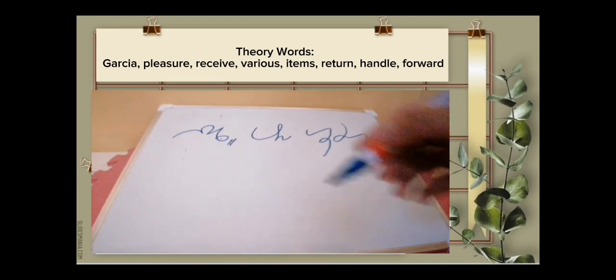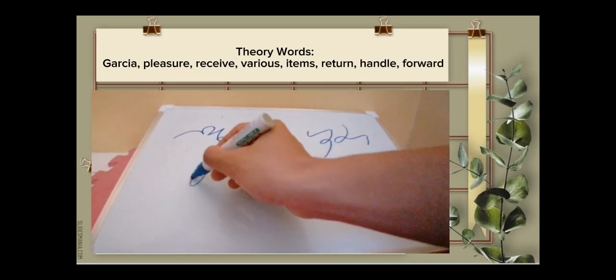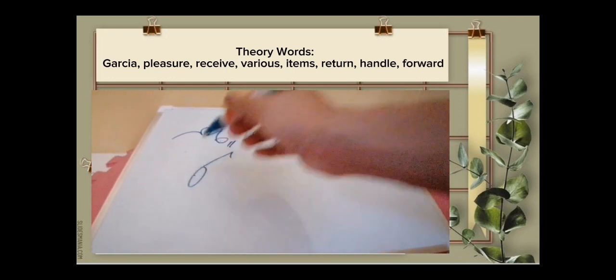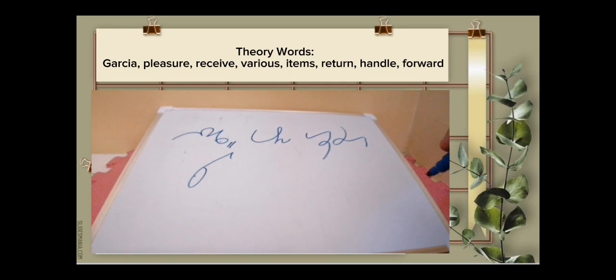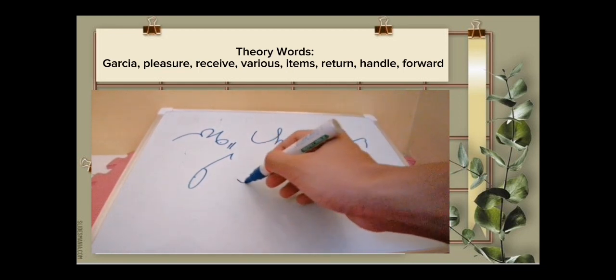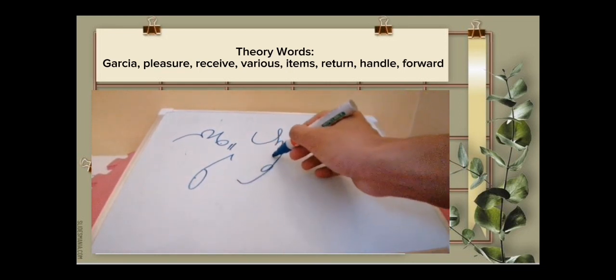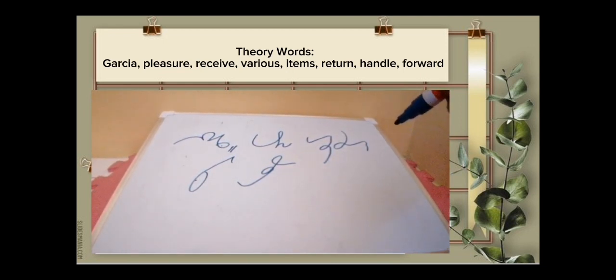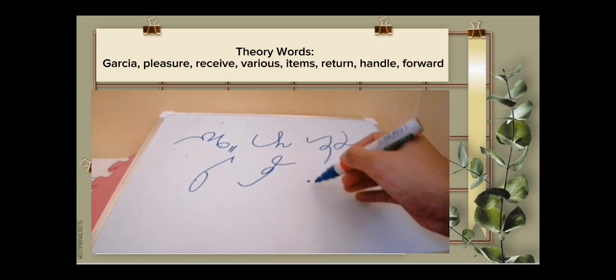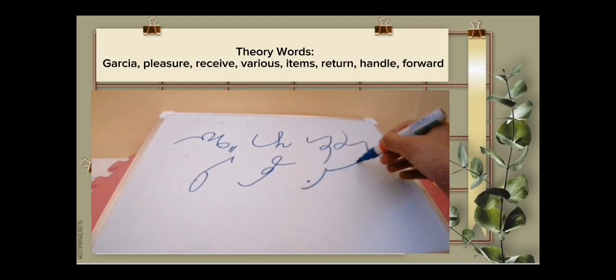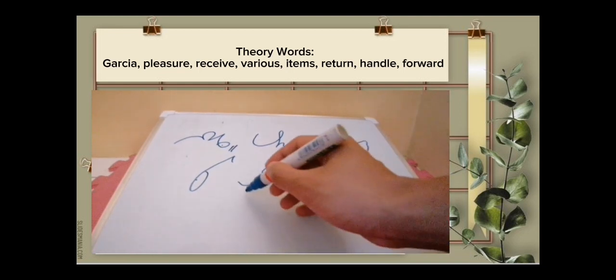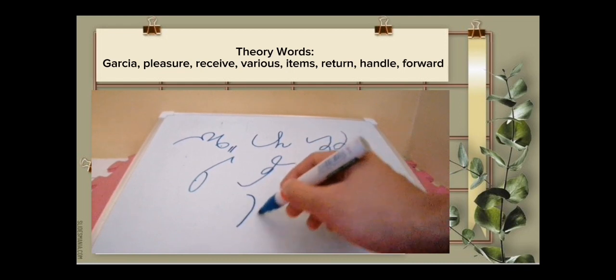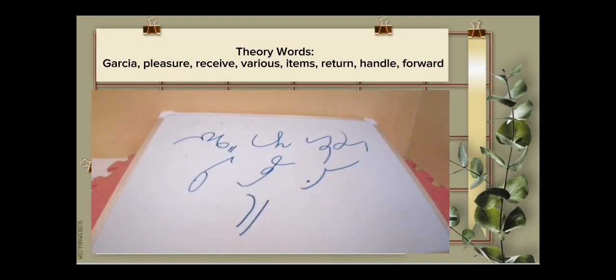Next, we have items. Next word, we have return. Next, we have handle. For our last theory word, we have forward. That's it for our theory words for lesson 42.